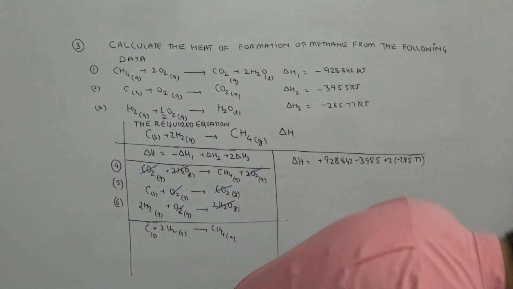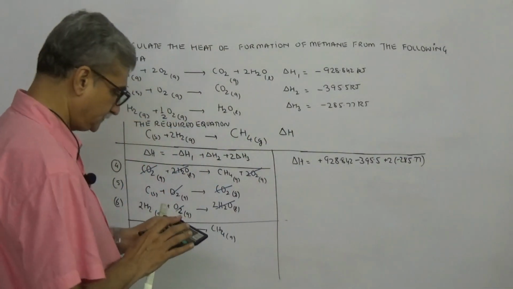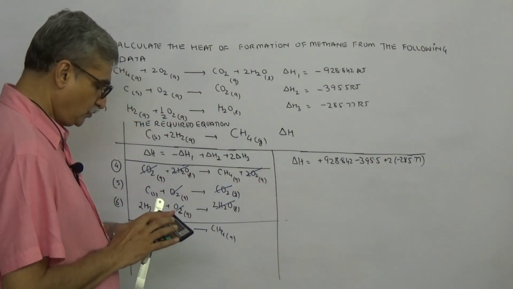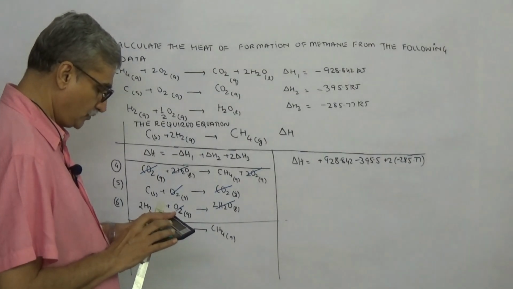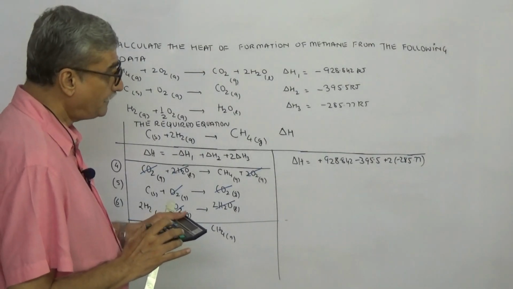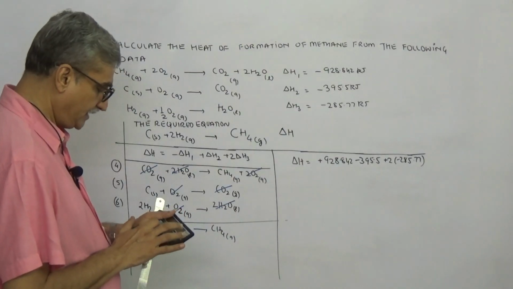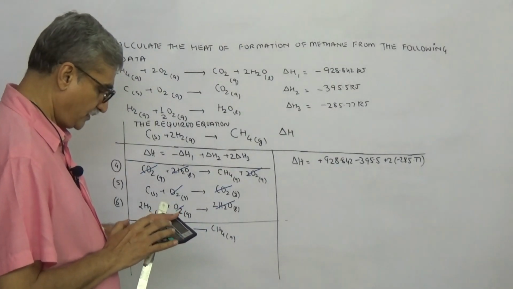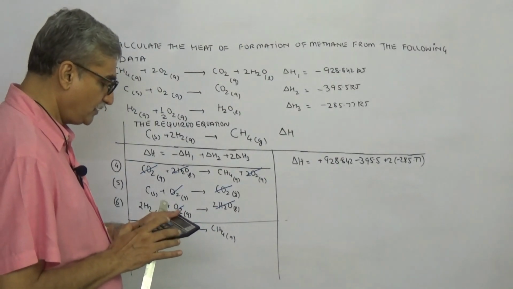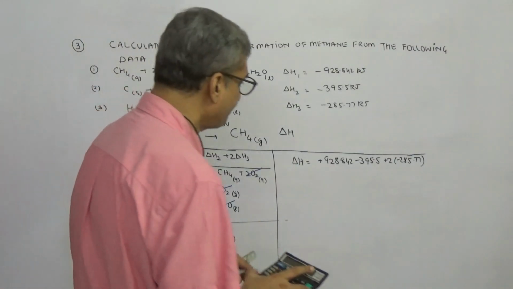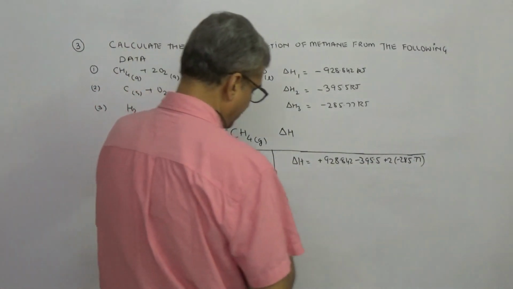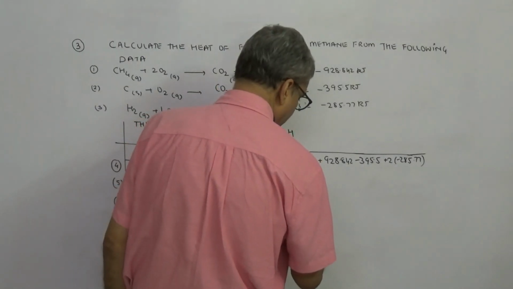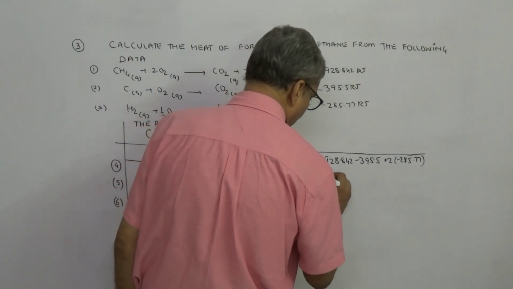So what do we get? 285.77 into 2 plus 395.5, so 967.04.